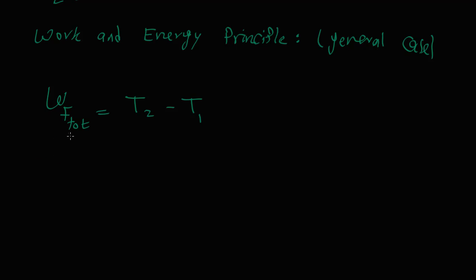I can also divide the forces acting on the particle into two groups, conservative forces and non-conservative forces. So basically this W is equal to the work of all conservative forces plus the work of all non-conservative forces, and it is equal to T2 minus T1. We just showed that the work of all conservative forces is equal to U1 minus U2.